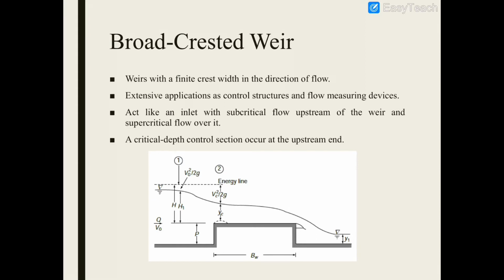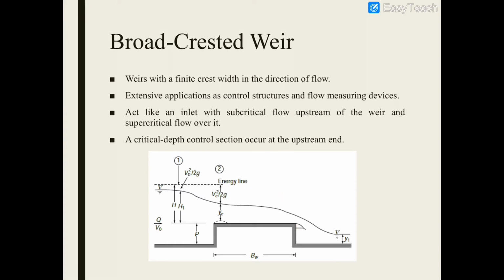The weir will act like an inlet with a subcritical flow upstream of the weir and supercritical flow over the weir. At the upstream side of the weir there will be subcritical flow, and over the weir supercritical flow takes place.